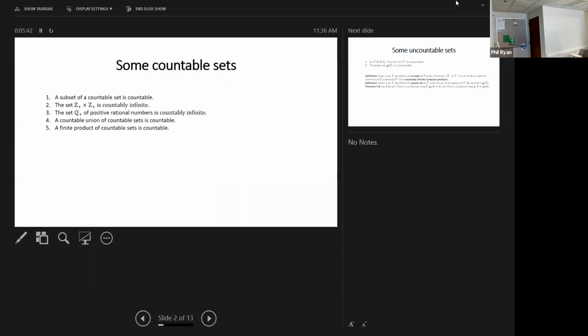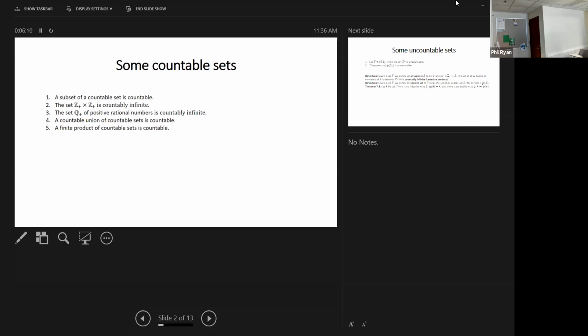Okay, a nice thing: the set of positive rational numbers is countably infinite. The reason we can do that is because we can do a surjection from Z plus cross Z plus to the positive rationals.